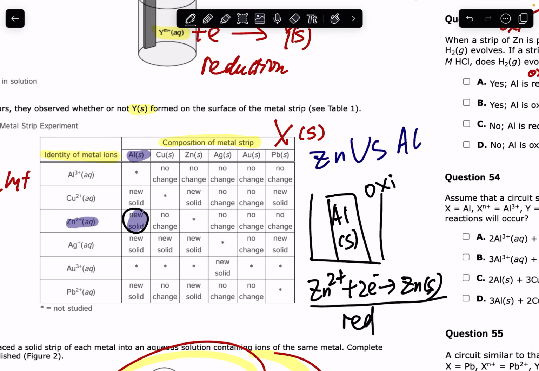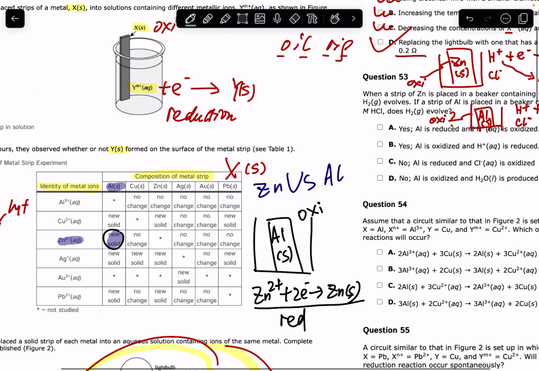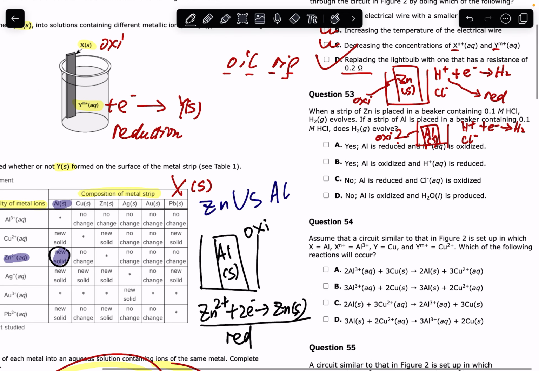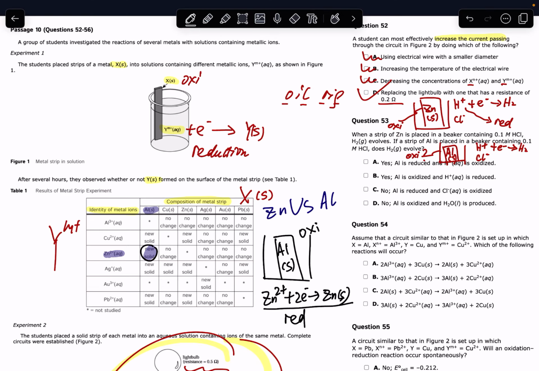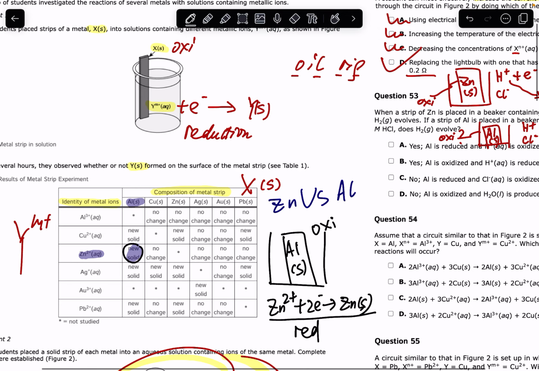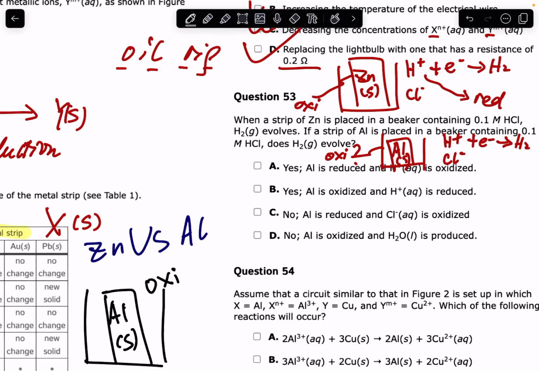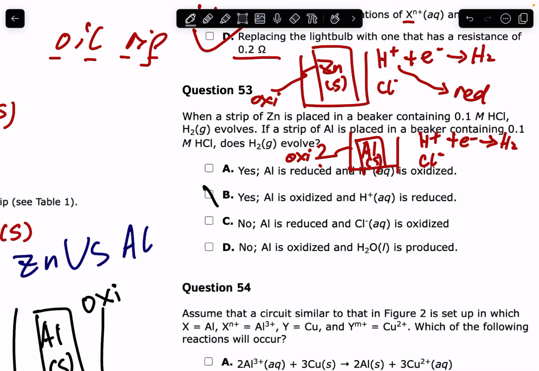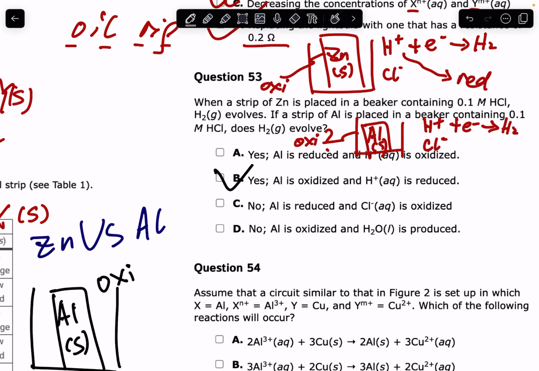Al has a higher oxidation potential. So this actually confirms my assumption, my expectation, right? But I really can't just make assumptions and pick A or B. I have to go to the table and confirm my expectation. So in this case, yes, Al is oxidized, and H plus is reduced. So B is my best answer.